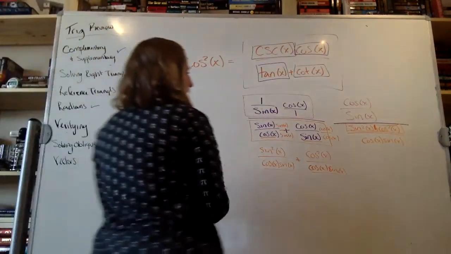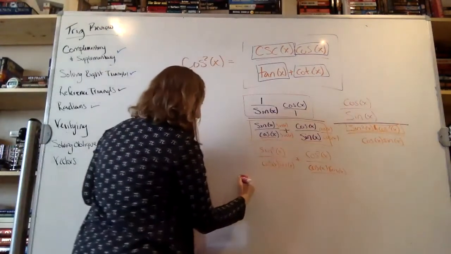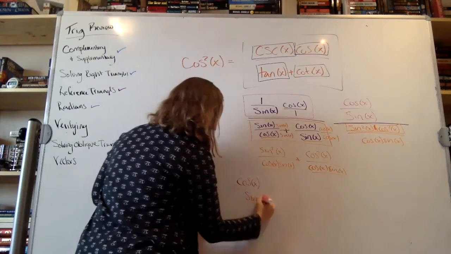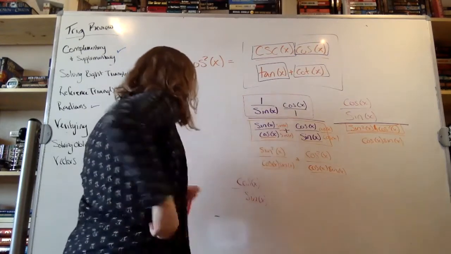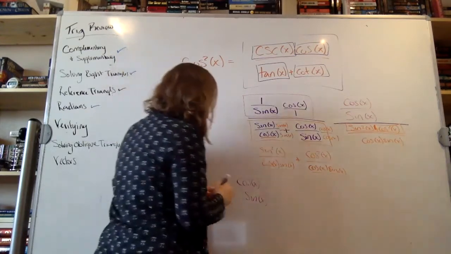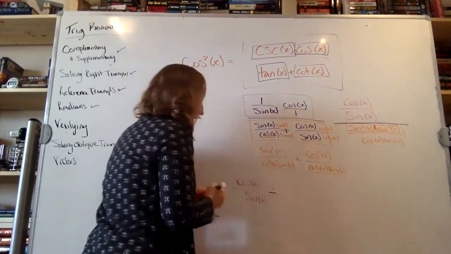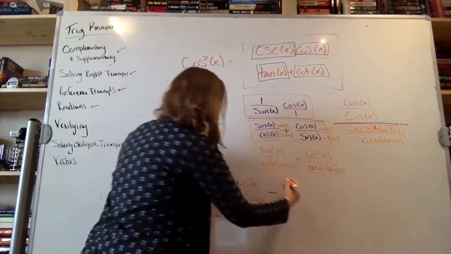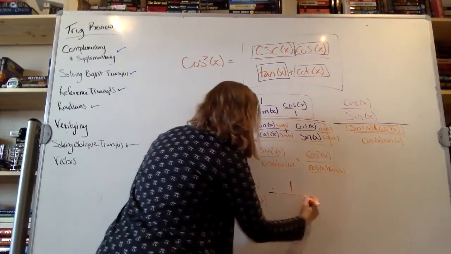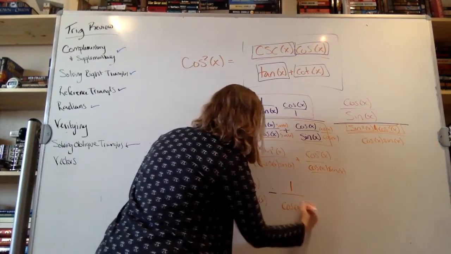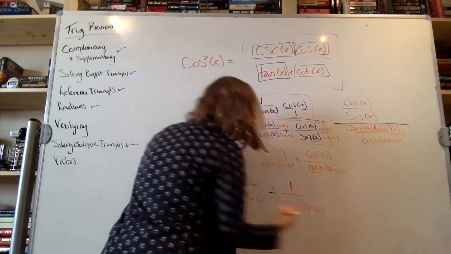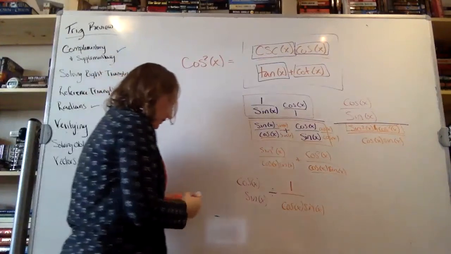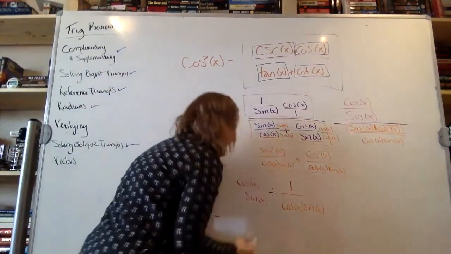I'm going to move back down here. We have in the numerator cosine of x divided by sine of x. We are dividing that by our denominator, which is 1 over cosine x sine of x, since sine squared plus cosine squared is 1. When we divide fractions, it's the same thing as multiplying by the reciprocal.